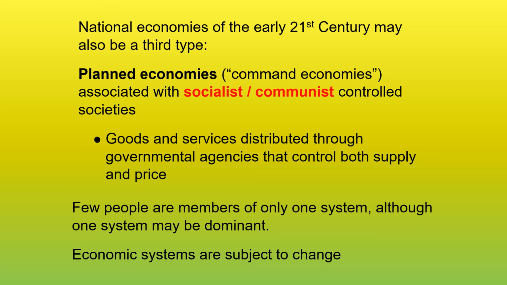Now, this is associated with communist countries like China or the old Soviet Union, but China especially has moved towards more of a capitalism market economy as far as the business end of things go. The old Soviet Union was a good example of a planned economy.